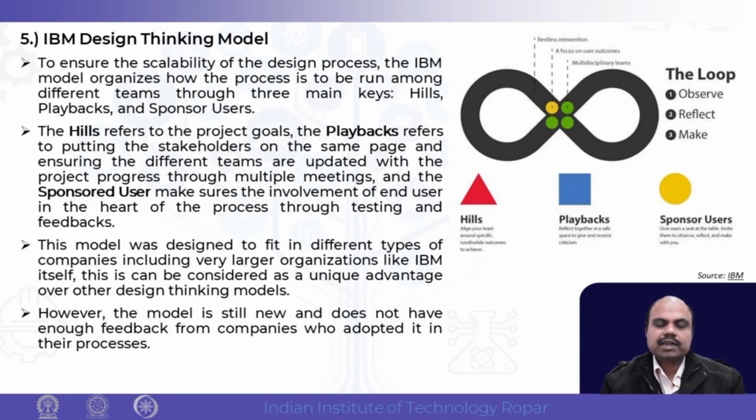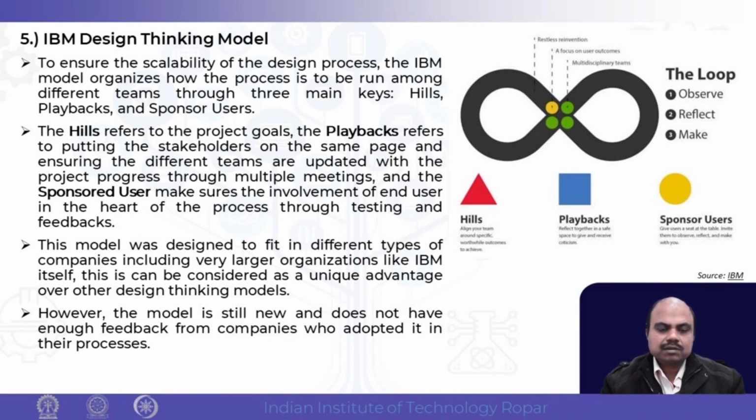To ensure the scalability of the design process, the IBM model organizes how the process is to run among different teams through three main keys. One is hills, second one is playbacks, and third one is sponsor users. The hill refers to the project goals.